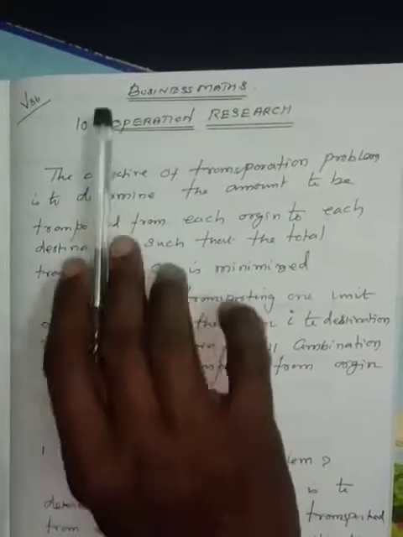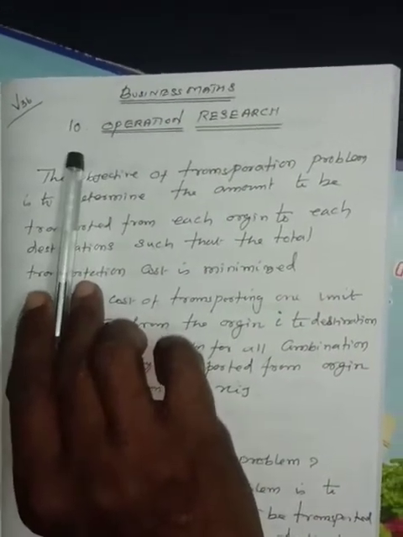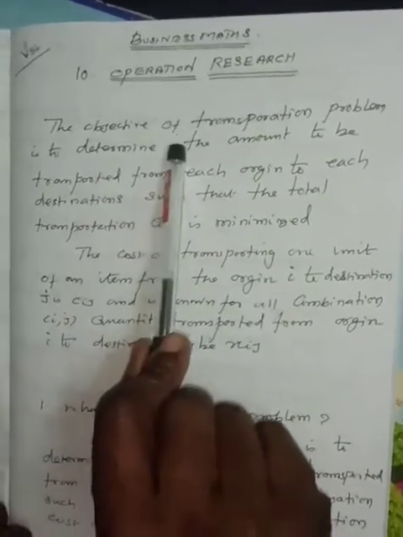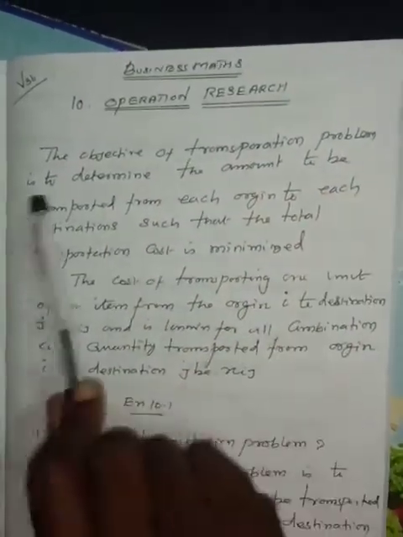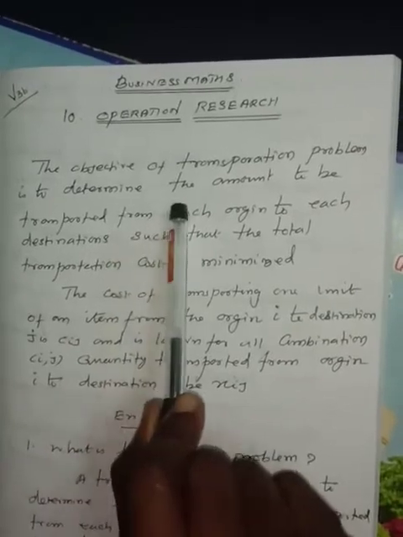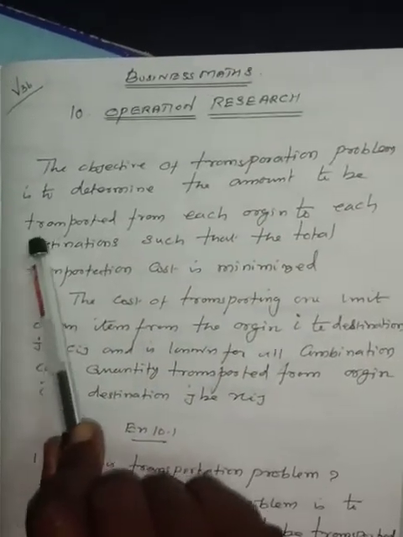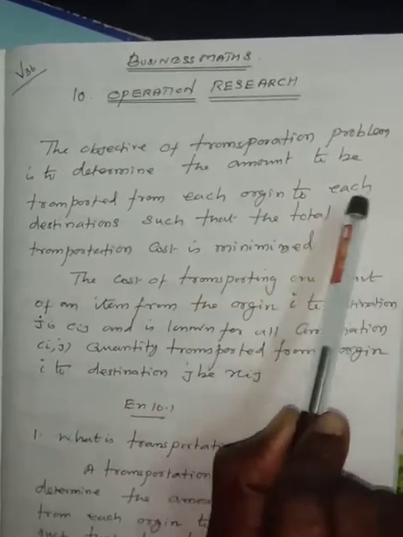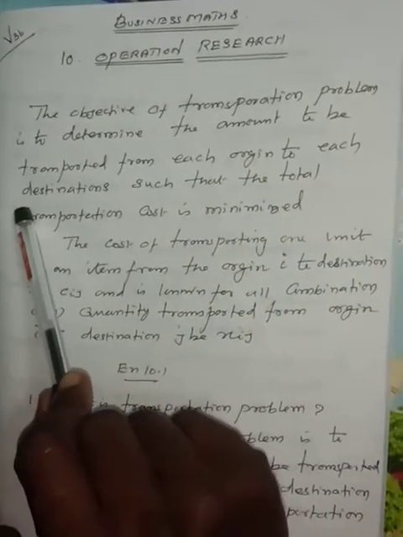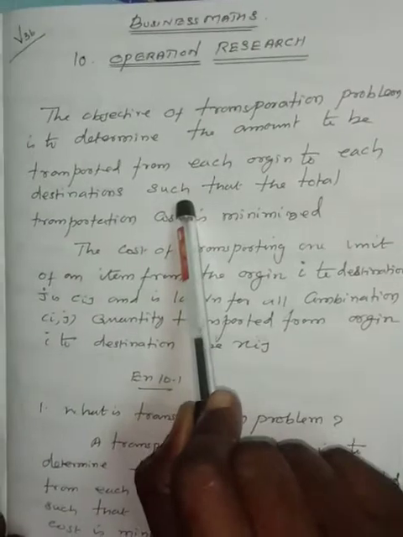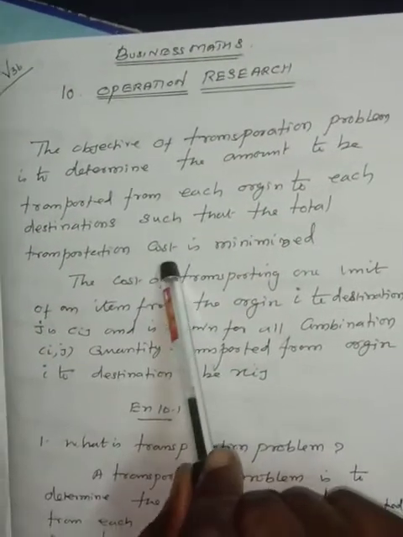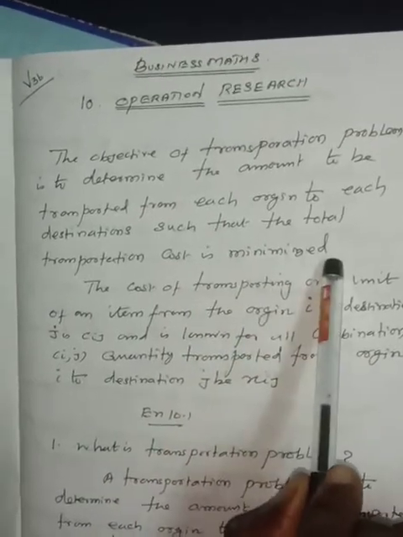Students, business maths. Today's topic is lesson number 10, operations research. The objective of the transportation problem is to determine the amount to be transported from each origin to each destination such that the total transportation cost is minimized.